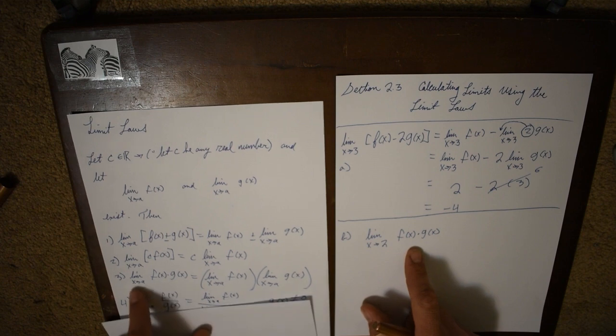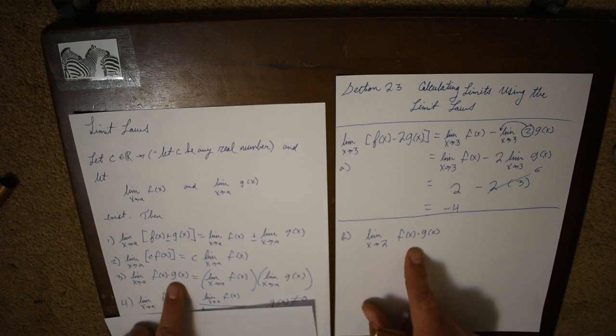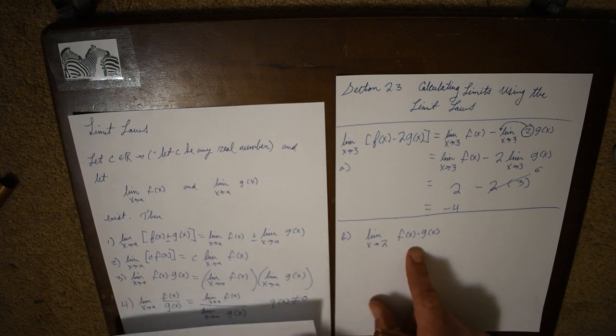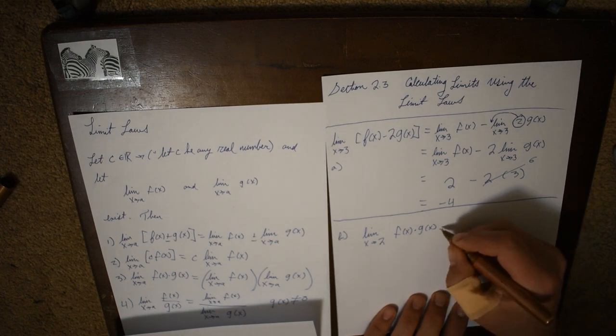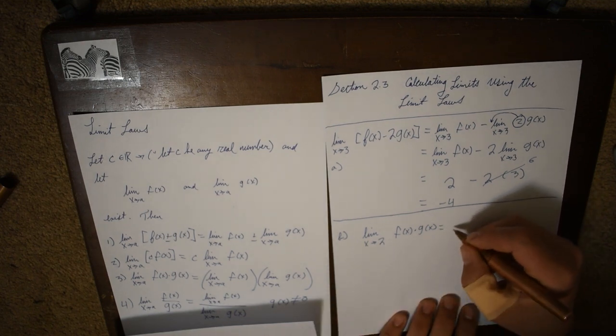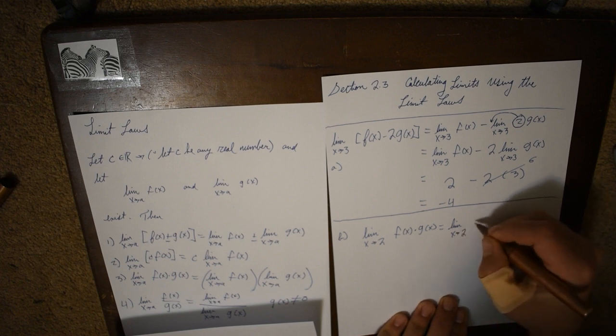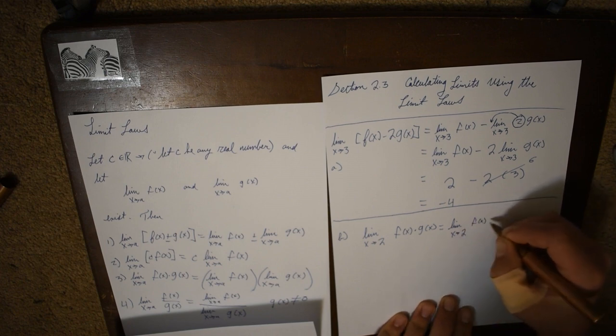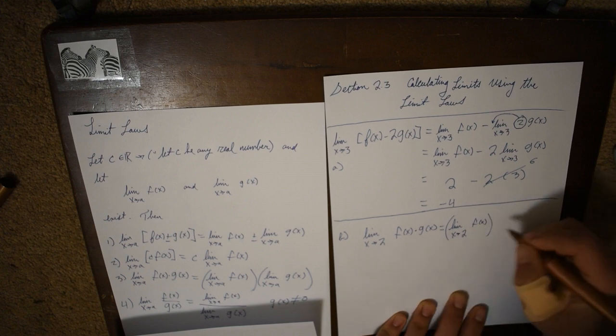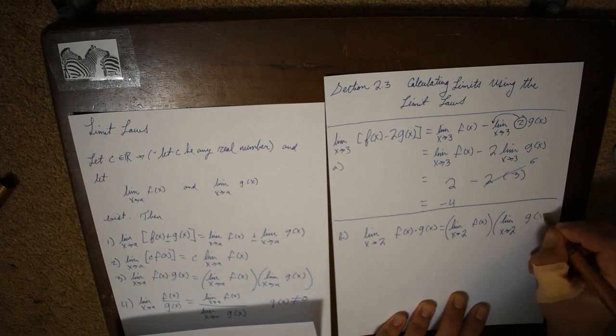The limit laws say that the limit of the product is equal to the product of the limits. So that means this is going to be equal to the limit as x approaches 2 of f of x times the limit as x approaches 2 of g of x.